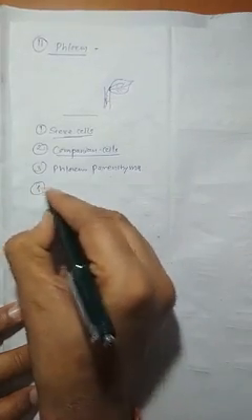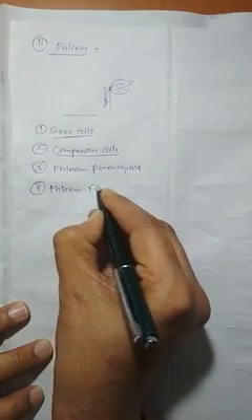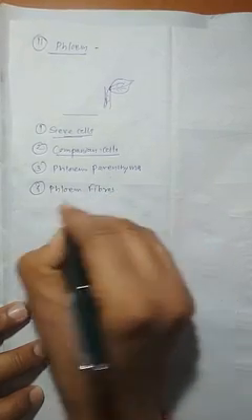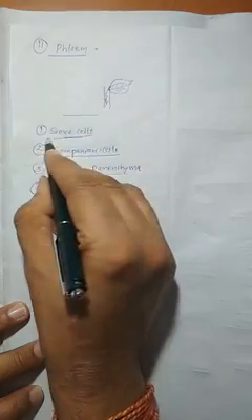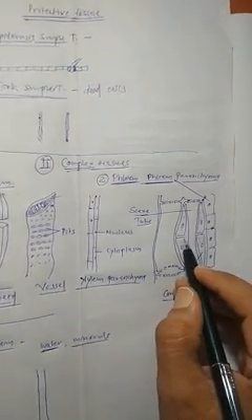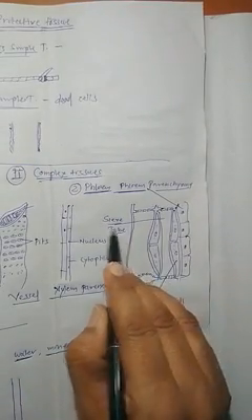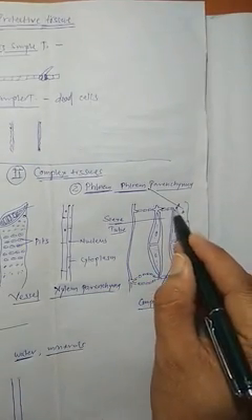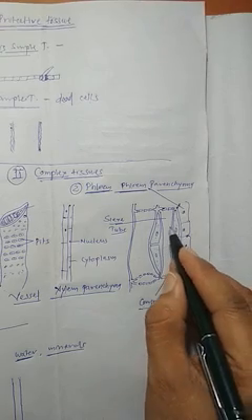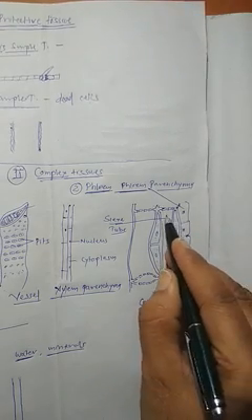And number 4, phloem fiber. These are the 4 parts. This is the structure of phloem. Here are the sieve tubes. Sieve tubes have no nucleus, no organelles, only cytoplasm.